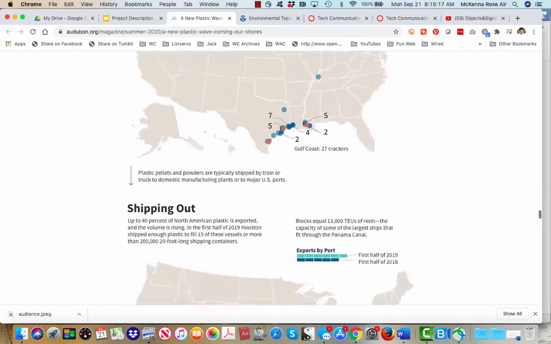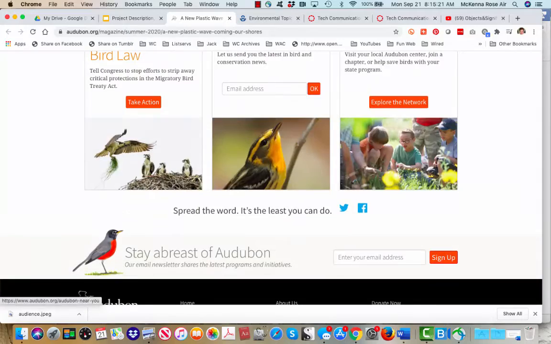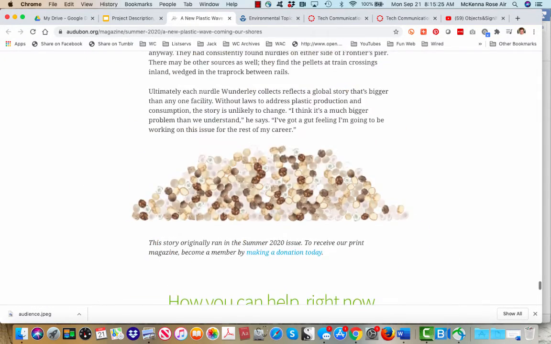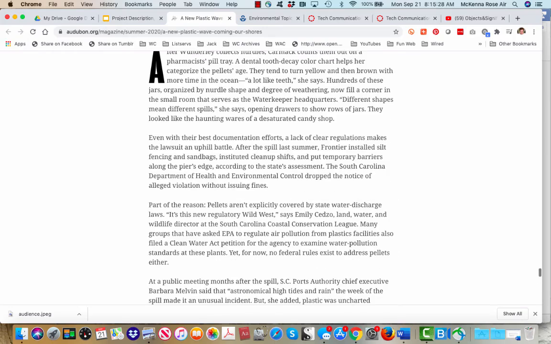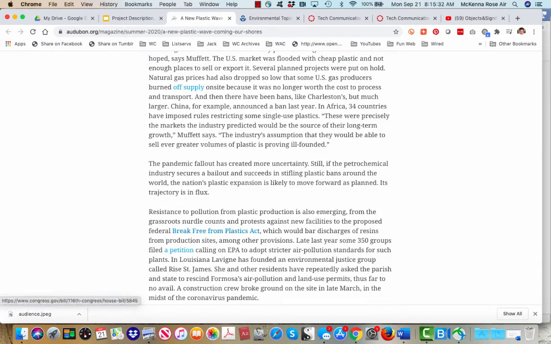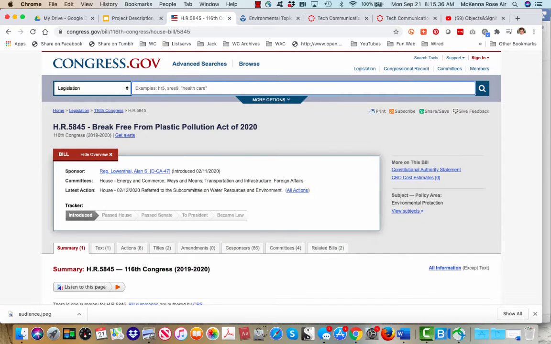So this is also not footnoted, but the links will send you out to, for example, primary source text, so congress.gov and a white paper on transportation infrastructure.